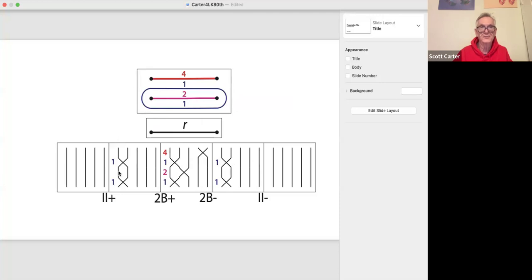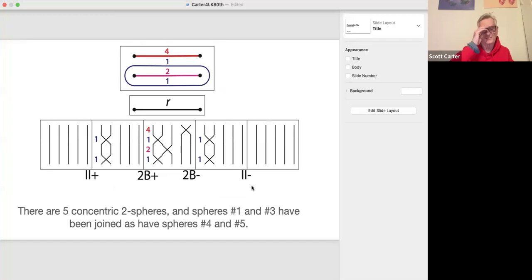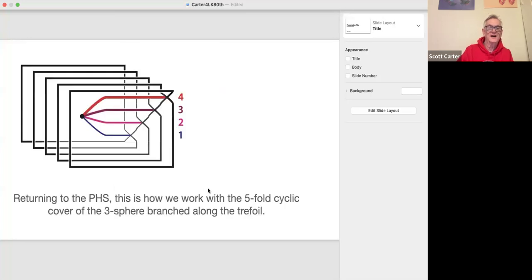Okay, so we have a type 2 birth, 2 branch points are added, 2 branch points are subtracted, and then we have a type 2 death. There are 5 concentric 2 spheres that are involved. Sphere number 1 and 3 have been joined, and so have spheres 4 and 5.